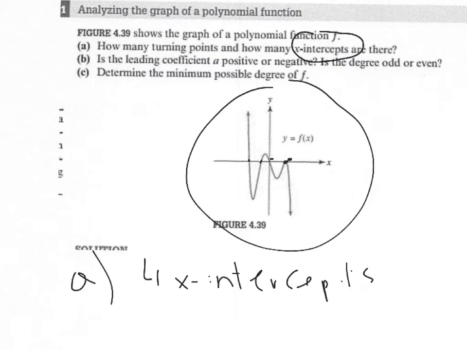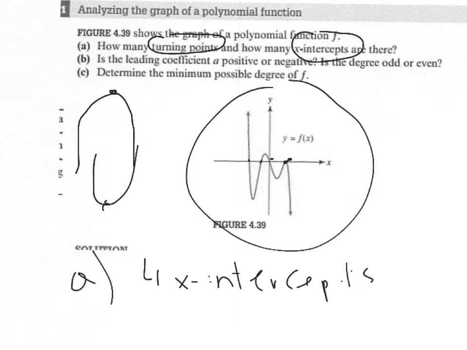What are turning points? Turning points are the points on the graph where the function goes from increasing to decreasing or from decreasing to increasing. Think about a quadratic. A quadratic function can open up, and this is the turning point. A quadratic function can also open down, and this is the turning point. So the turning point, in other words, is almost like a vertex.